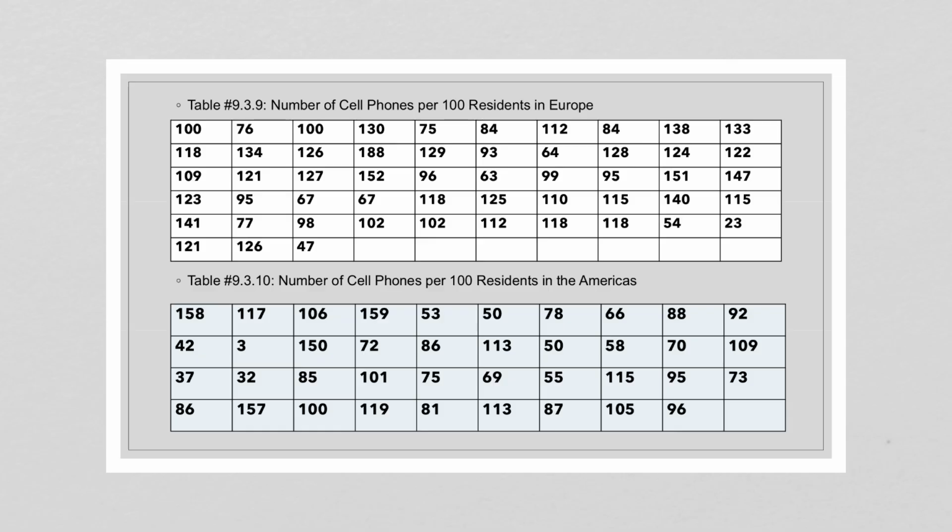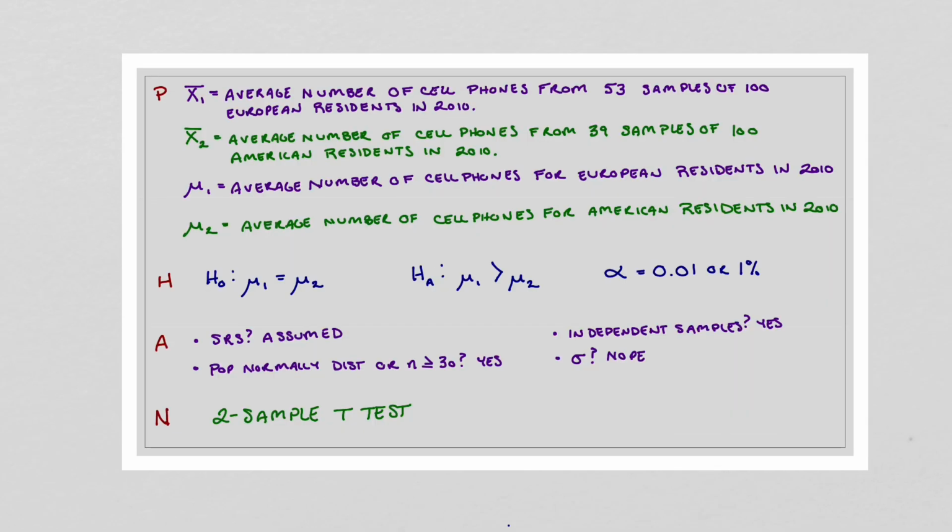Okay, so let's go ahead and look at the solution here. So first we'll identify our random variables and our parameters. So I considered European residents group 1 and then the American residents as group 2. So x bar sub 1 is going to be the average number of cell phones from 53 samples of 100 European residents in 2010.